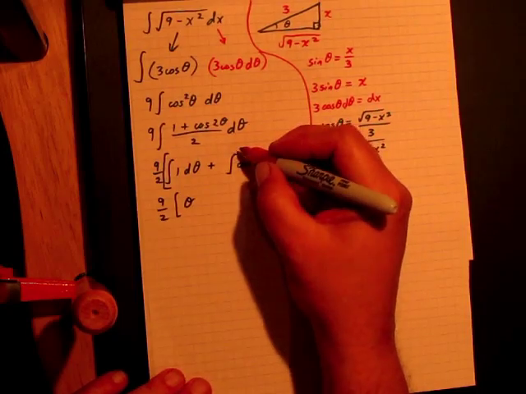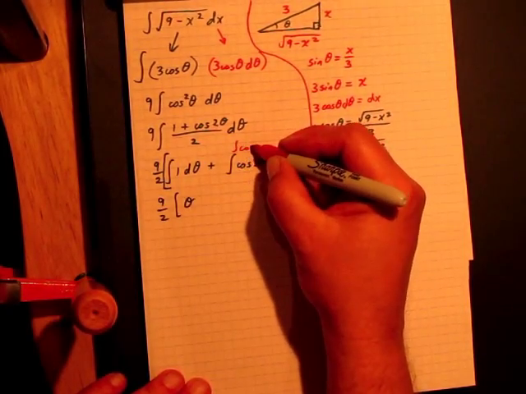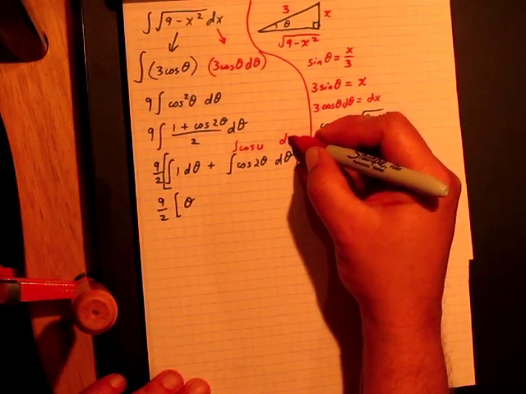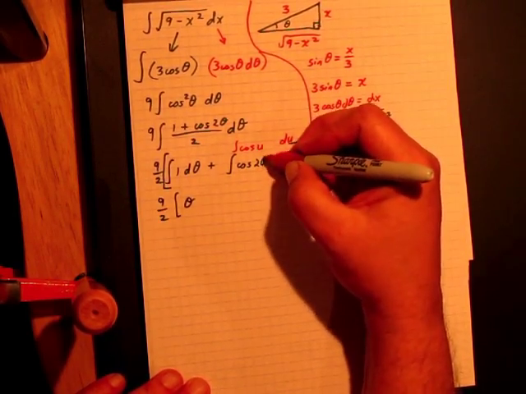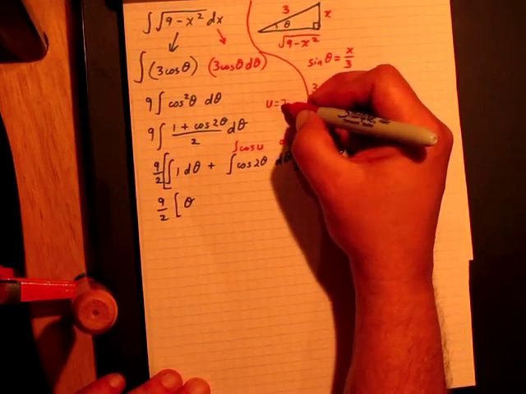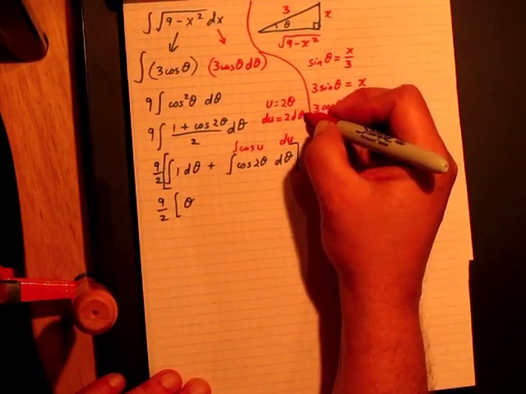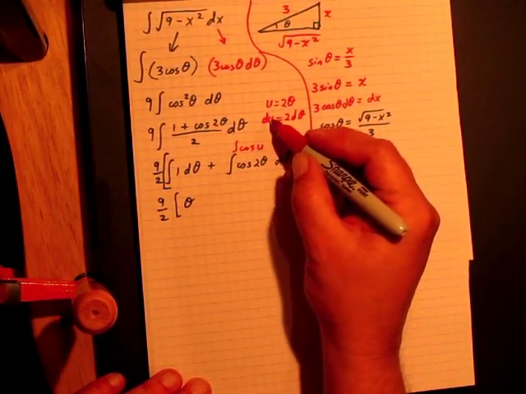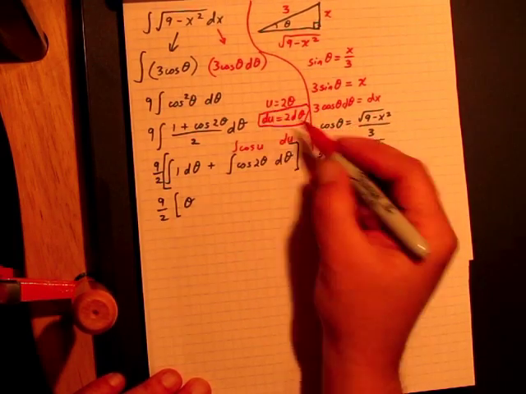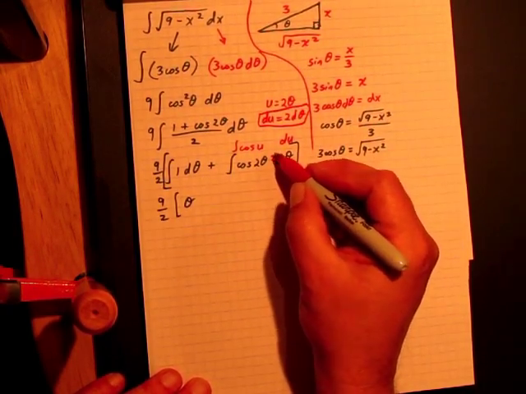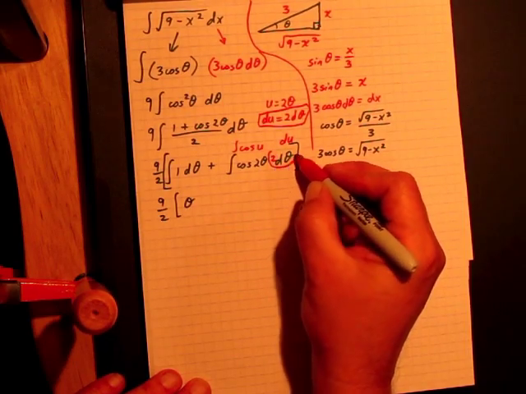I'm going to attempt to integrate this by turning it into cosine of u du. If u is 2 theta, its derivative du is 2 d theta. So to create this, I need to multiply by a constant of 2 on the inside here.